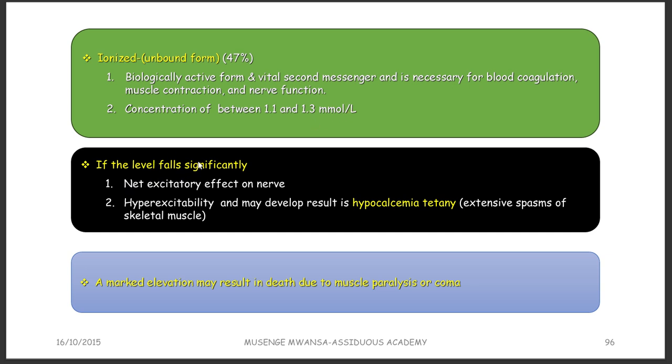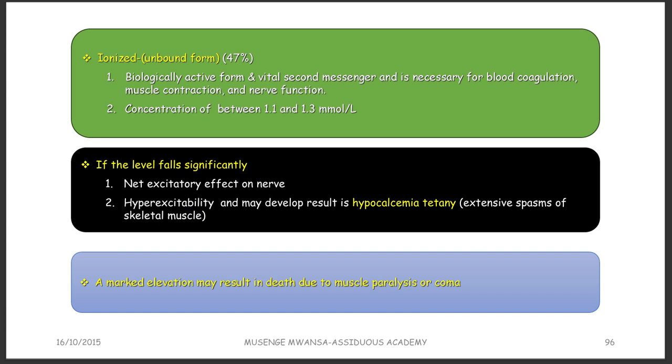If the level of this ionized or free calcium falls significantly, what happens? There is a net excitatory effect on nerves.